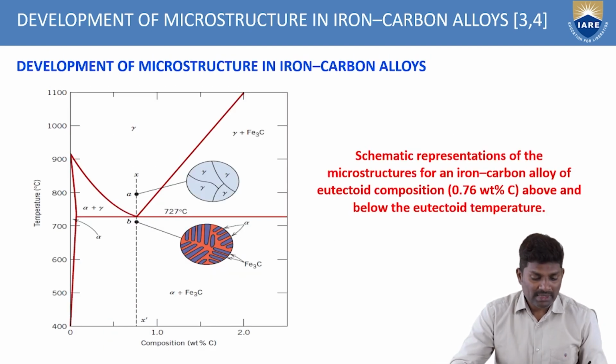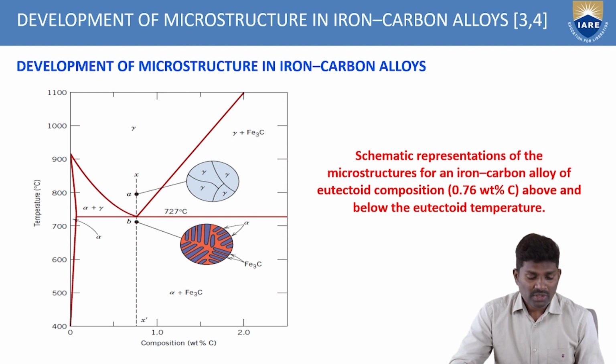Now you can see the changes in the microstructure. This is one point and this is another point. At point A you have one phase, at point B you have another phase. At point A it is completely gamma, with a high concentration of gamma, and slowly you get another phase of alpha plus Fe3C.